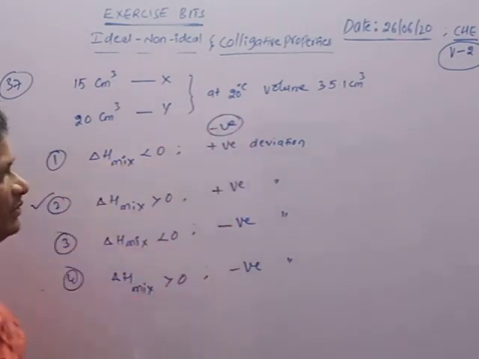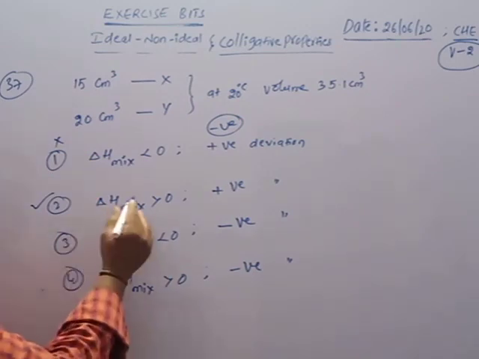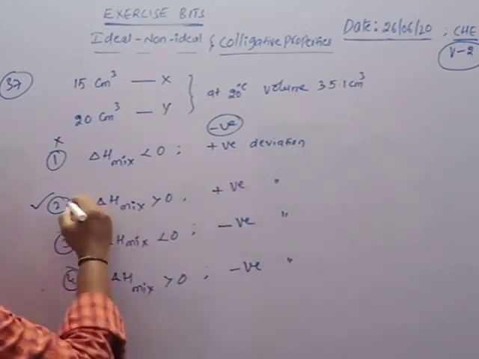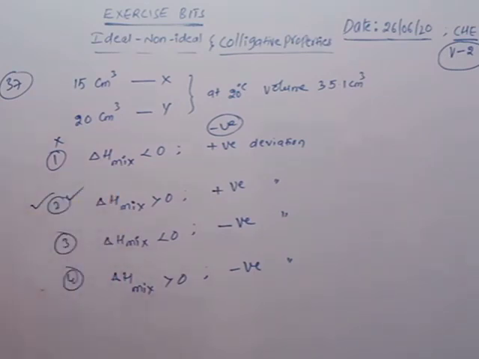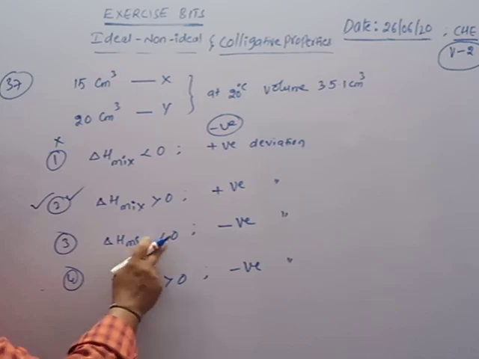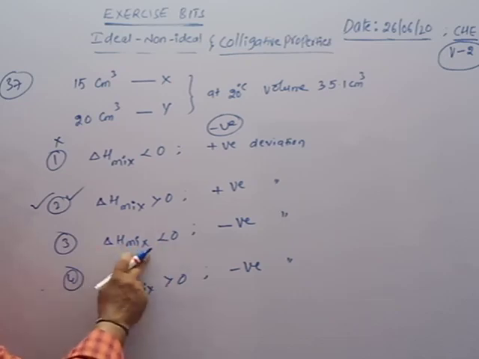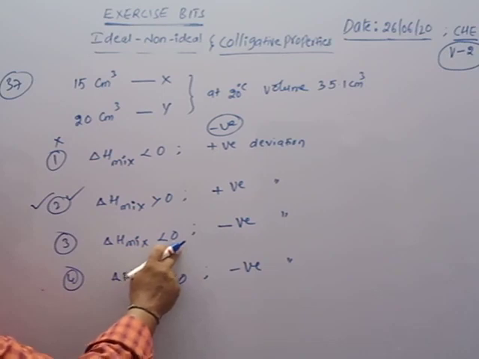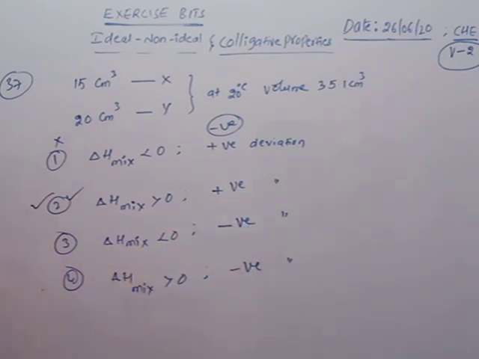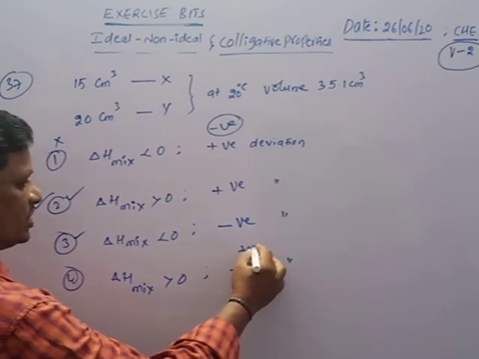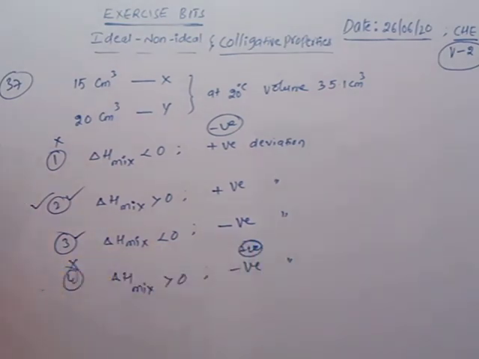So the first option is wrong. The second one, delta H mixture greater than 0, is the positive deviation. This is the correct statement. The third one, delta H mixture less than 0, is the negative deviation. So this one is also correct.